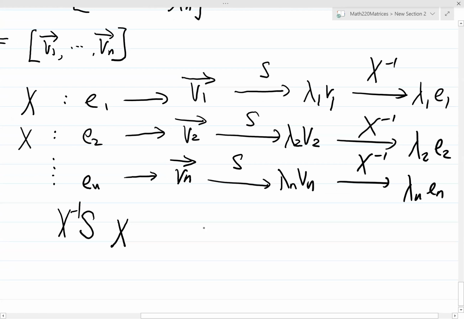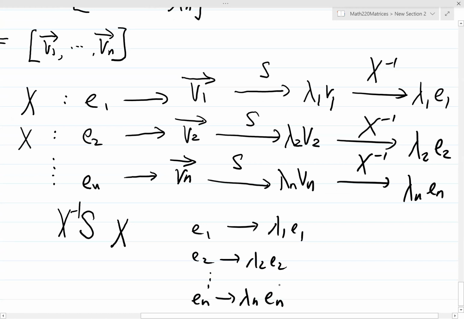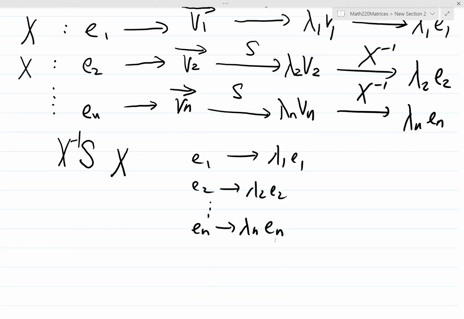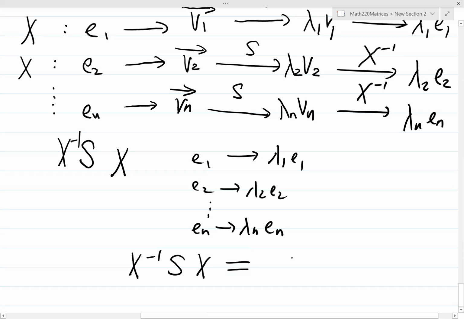So this tells us e1 goes to lambda 1 e1, e2 goes to lambda 2 e2, up to en goes to lambda n en. This is exactly what a diagonal matrix does. So X inverse S X is the diagonal matrix gamma.